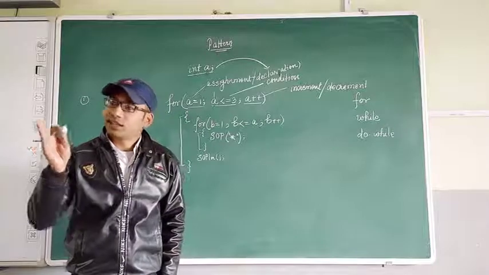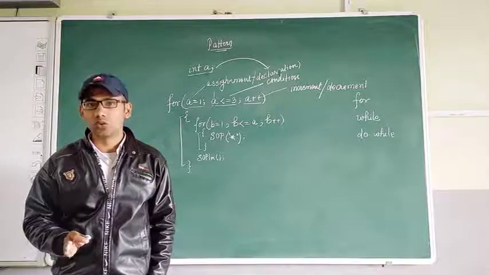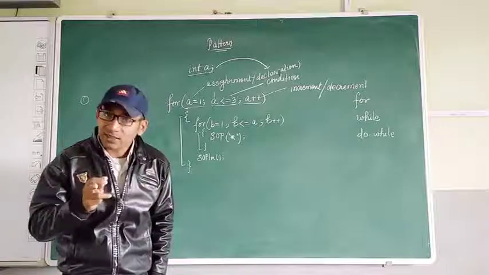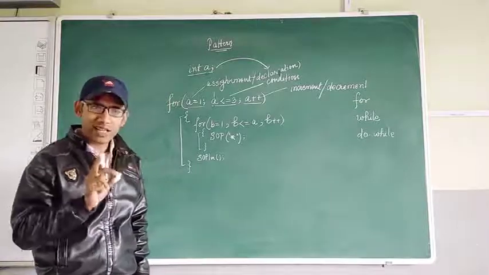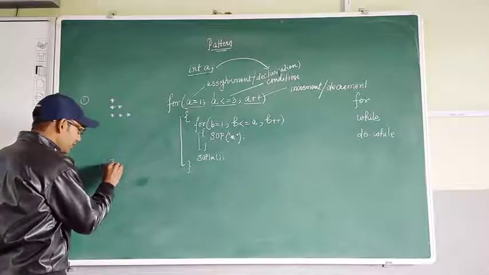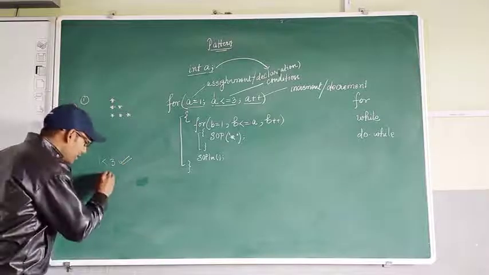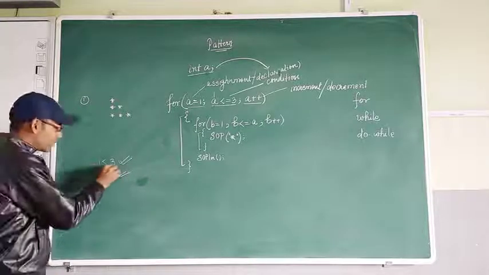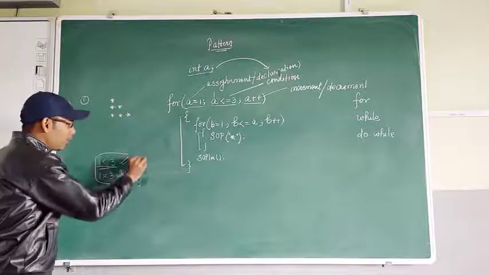That means if either part is satisfied, then the condition will be true. I didn't say 1 less than and equal to 3. I said 1 less than or equal to 3. That means if 1 is less than 3, that is okay. If 1 is equal to 3, that also is okay. So which part satisfies? This part, not this part. So no problem. One out of the two parts is satisfied.